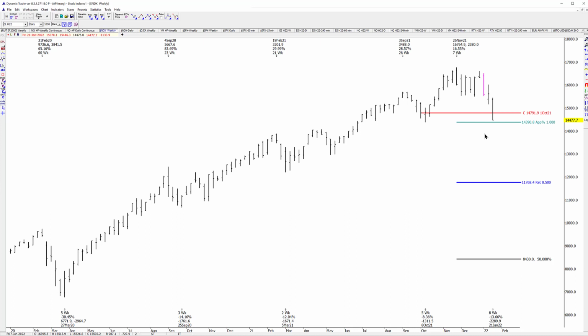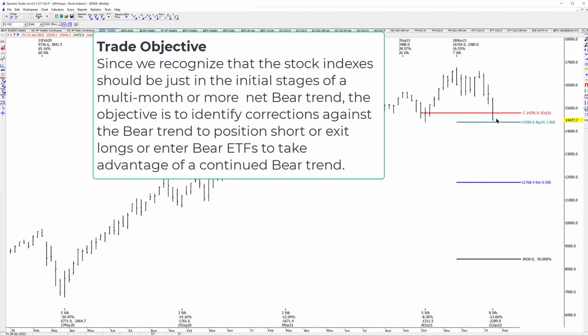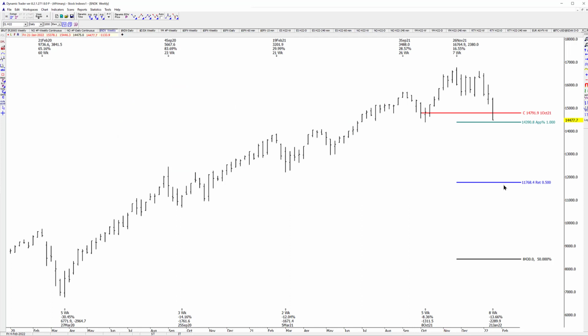So our objective in the days and weeks ahead is going to be to identify corrections against a bear trend to position on the short side. It depends on your time frame of trading or investing what you want to do. But my suggestion is just keep in mind that stock indexes are probably going to be sideways to down for several months.